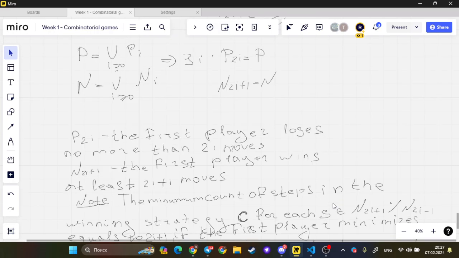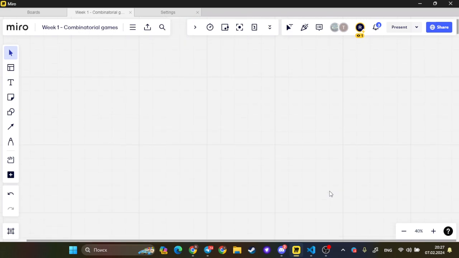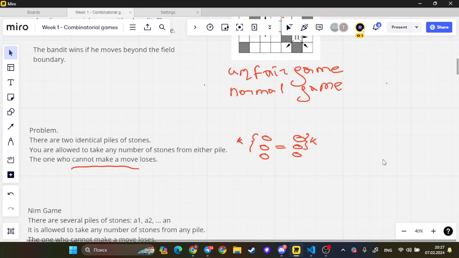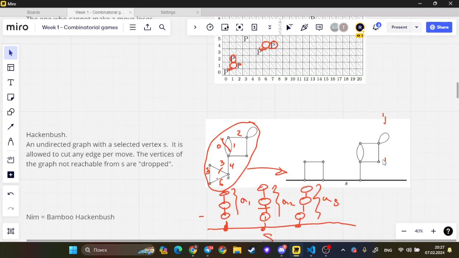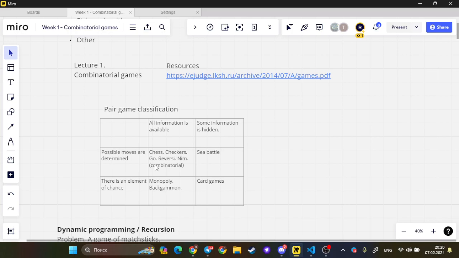The theory part: we learn combinatorial games, and we need to understand how to win in these games as quickly as we can, if the first player can win, in this kind of game where we have all the information and all the moves are determined by two players.